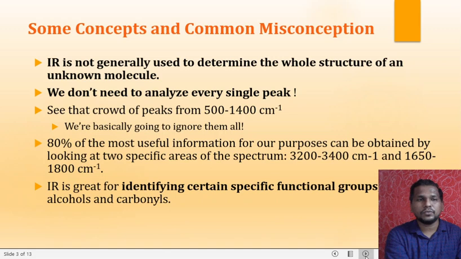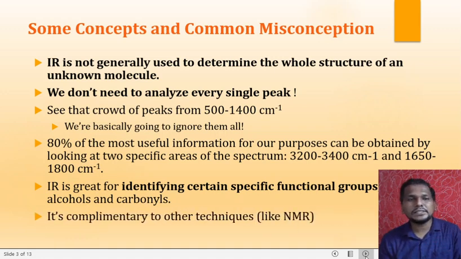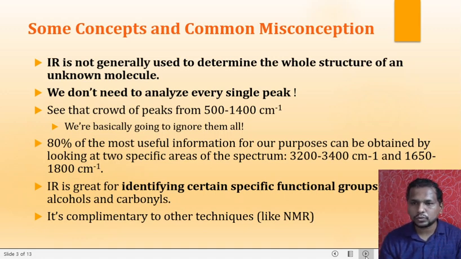That is a quite helpful region. IR is great for identifying certain specific functional groups, as I said earlier, like alcohols and carbonyls. Carbonyls, you are aware, the C double bond O group, and it is complementary to other techniques. There are several other spectroscopic techniques, so it acts as a complementary technique.